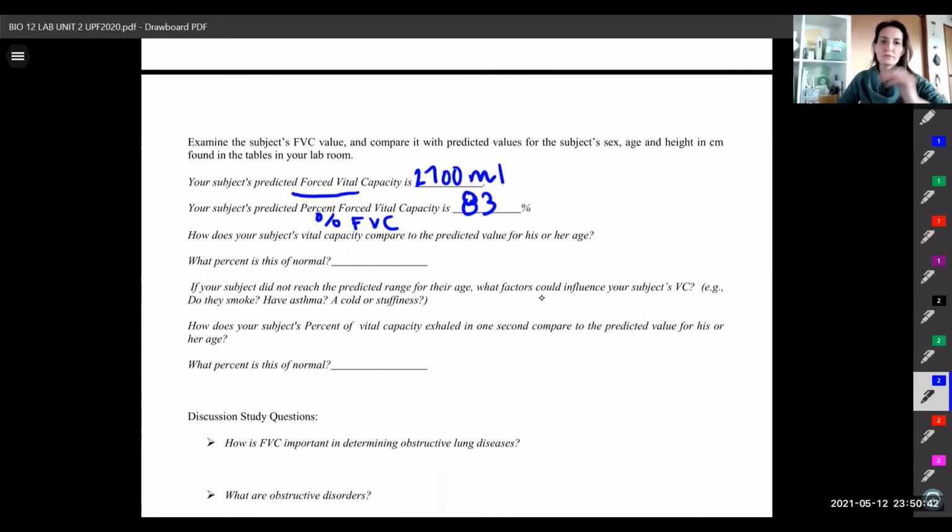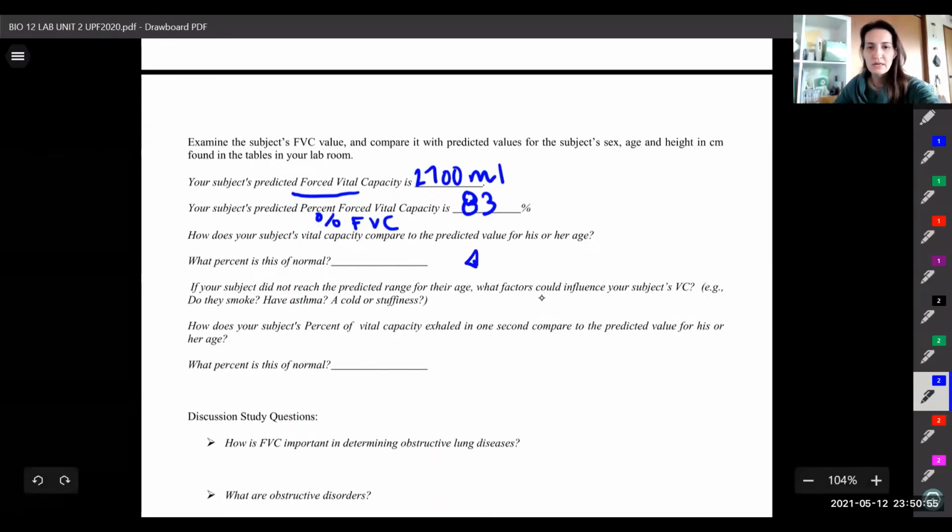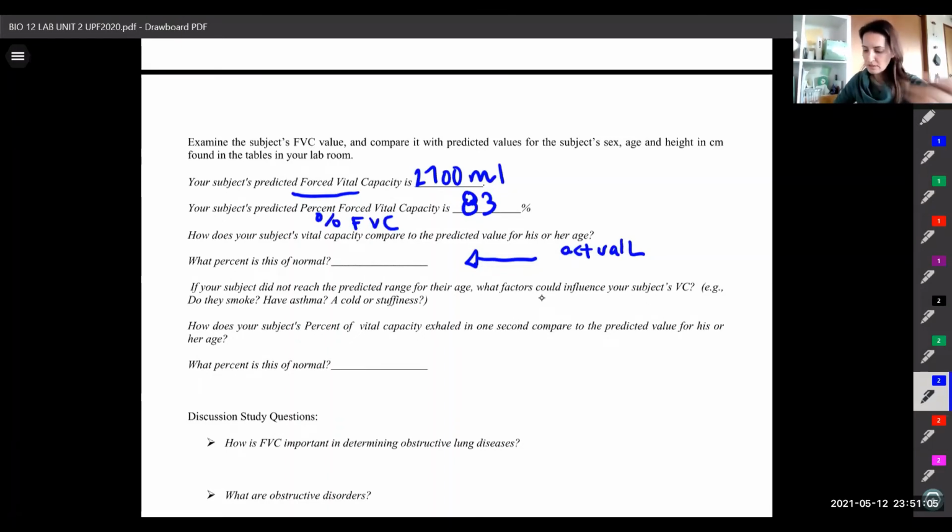And you want to know what percentage is the actual of normal. And so since you have to do the calculations for that bottom diagram before answering this, what you're going to end up doing here for this calculation is take the actual amount in liters or milliliters. You can use milliliters if you so choose.